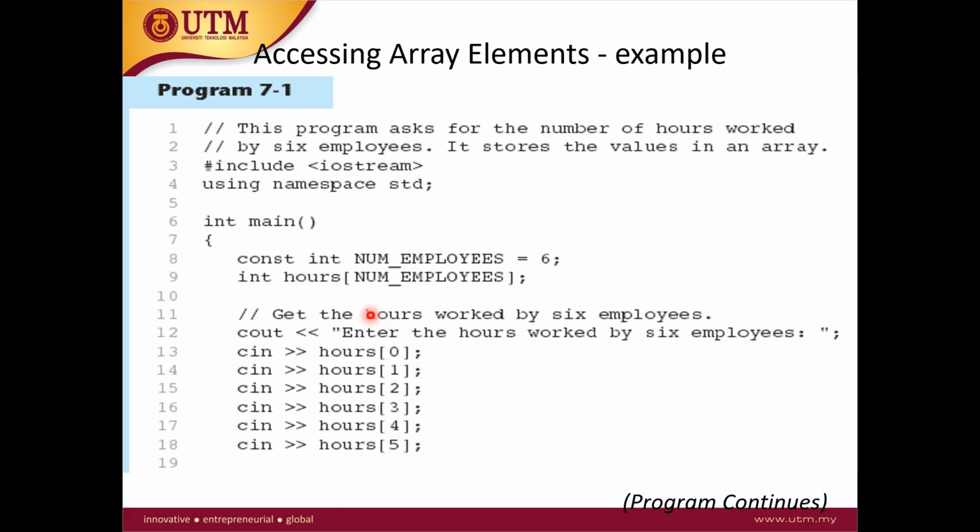And how to enter the data, or how to access each element? In order to enter the first element, we need to write cin hours, first element, second one, third one, fourth one, fifth one, and sixth one. We know that the indexes are starting from 0 up to the size minus 1.